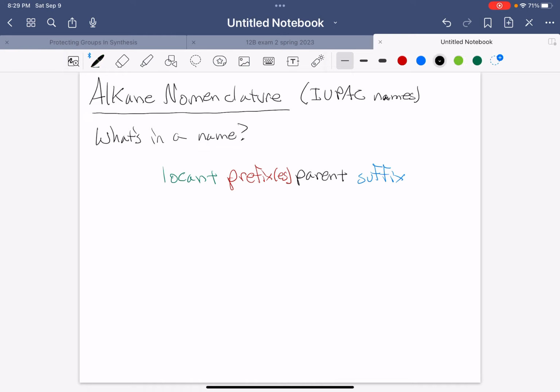The parent or the root is the number of carbons in the main chain of the molecule. The suffix gives us the functional group. The prefix or prefixes give us the substituents.